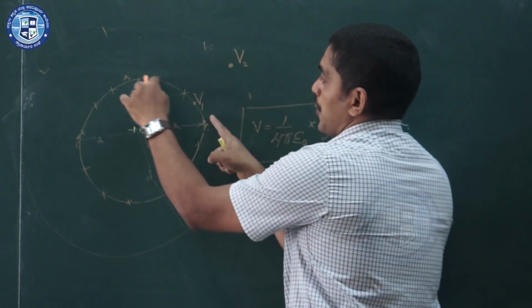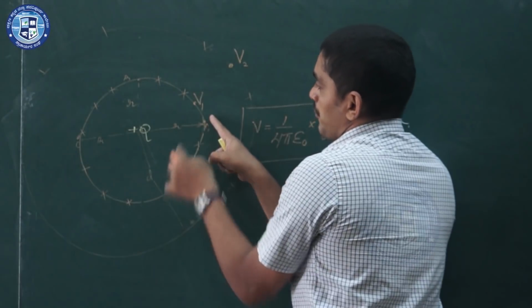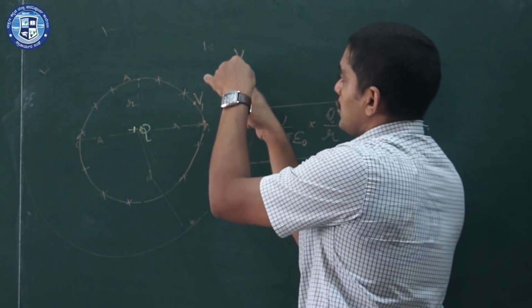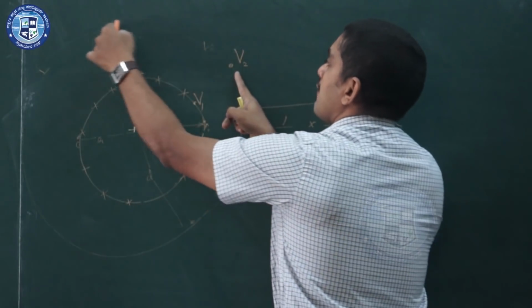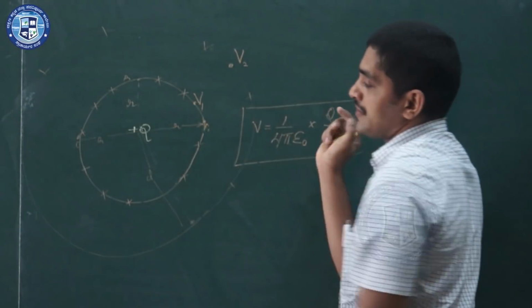Whenever you think of the points on the first circle, the potential is V1. On this bigger circle, the potential everywhere remains the same.